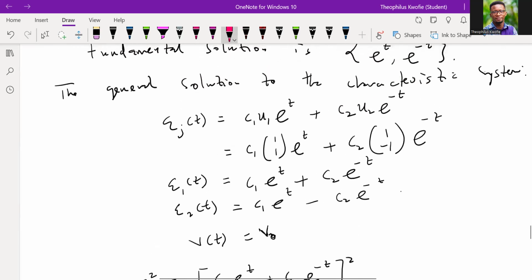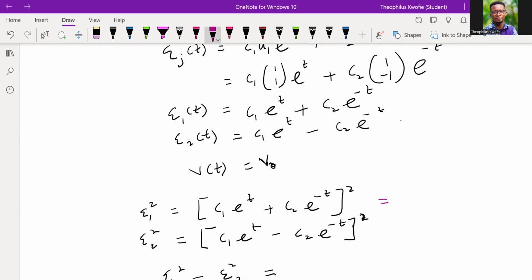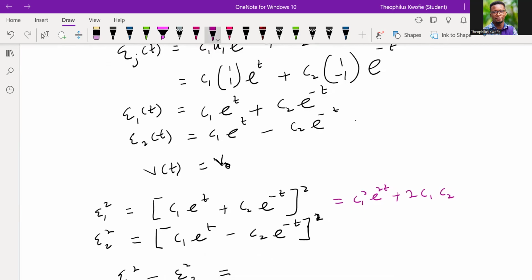When we expand this, we are going to get the square of the first, C1 squared multiplying e to the power 2t, then twice their product, 2C1C2, and then the square of the last, C2 squared e to the power minus 2t.